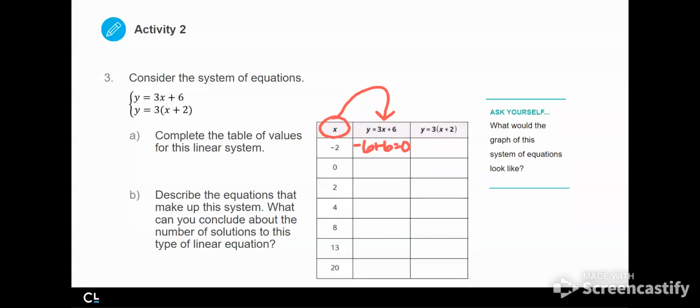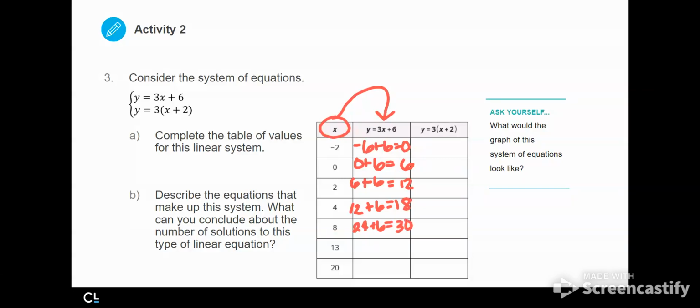If I do 0 times 3, that's 0 plus 6, which is 6. If I do 3 times 2, that would be 6 plus 6, which is 12. If I do 3 times 4, that's 12 plus 6, which is 18. If I do 3 times 8, that's 24 plus 6, which is 30.